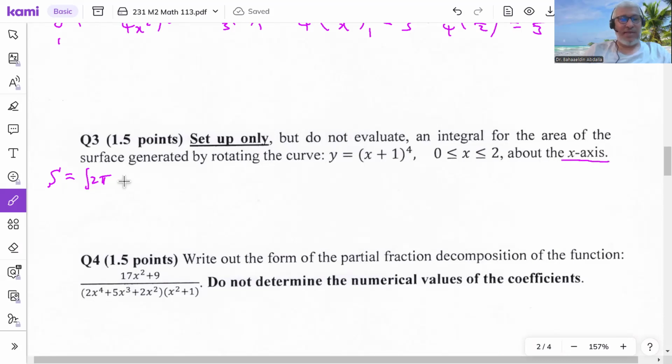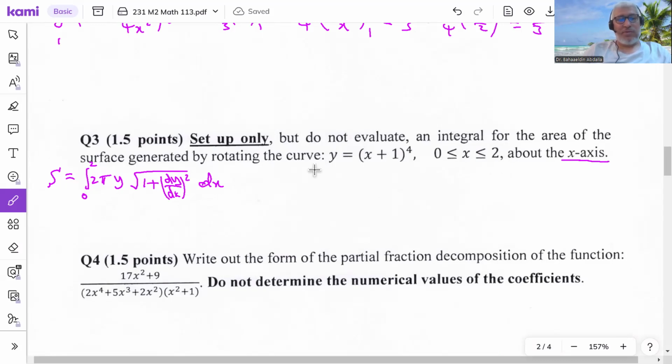About the x-axis, the formula is 2 pi y times ds. ds is the square root of 1 plus, again, it could be dy by dx or dx by dy squared, times dx or dy. Since x here is changing, I'll work with x, and I'll have x from 0 to 2 here. And so I have dy over dx all squared inside the root.